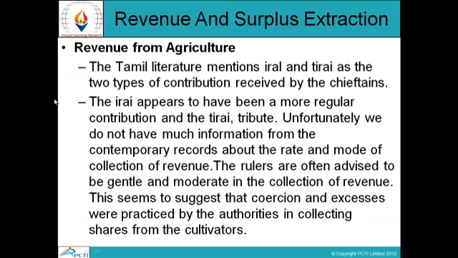The rulers are often advised to be gentle and moderate in the collection of revenue. This seems to suggest that coercion and excesses were practiced by the authorities in collecting shares from the cultivators. So basically, the rulers are often advised to be gentle and moderate when they collect the revenue from the farmers, and earlier there was a lot of coercion and excesses practiced by the authorities on the cultivators.